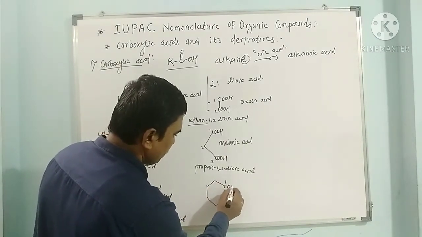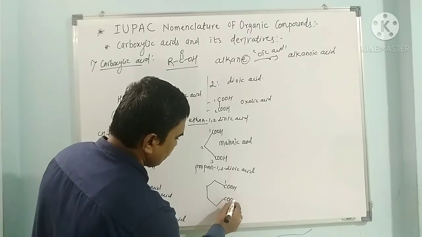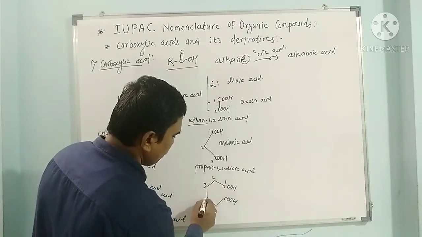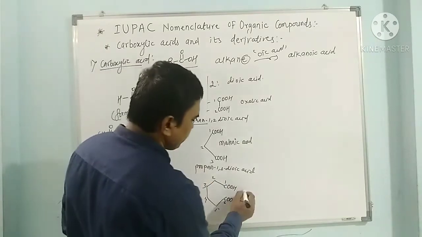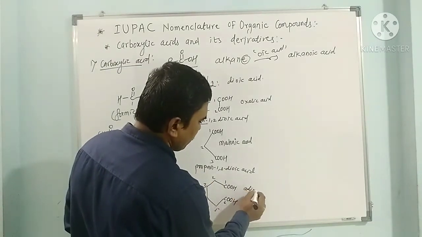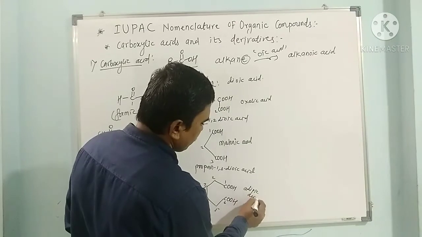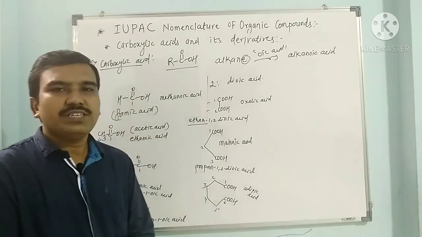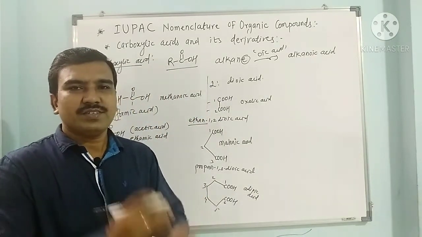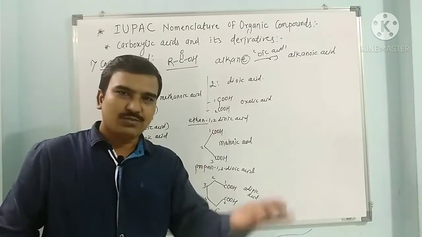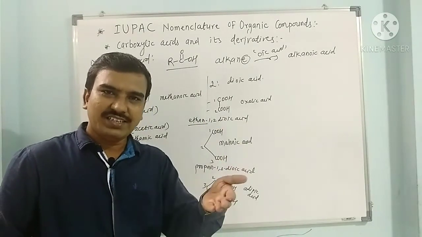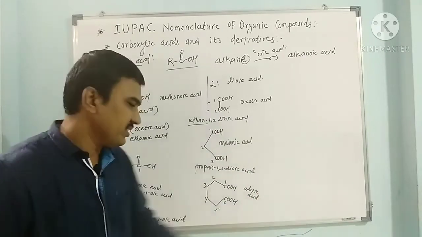This is COOH, this is also COOH. 1, 2, 3, 4, 5 and 6. This is commonly called adipic acid. What is the IUPAC name of this? 6 carbons. The first and 6th carbons are carboxy carbons.